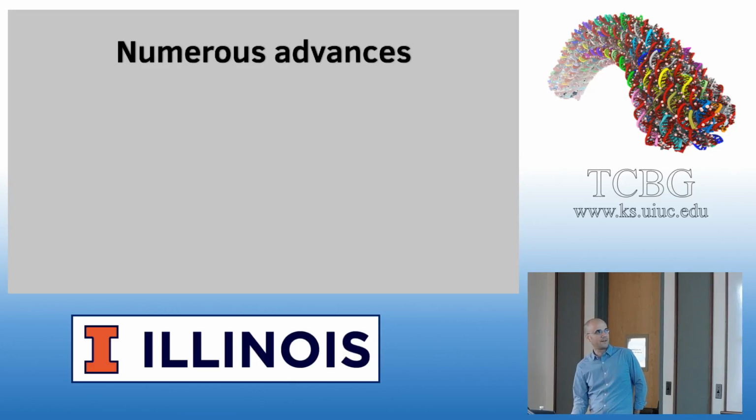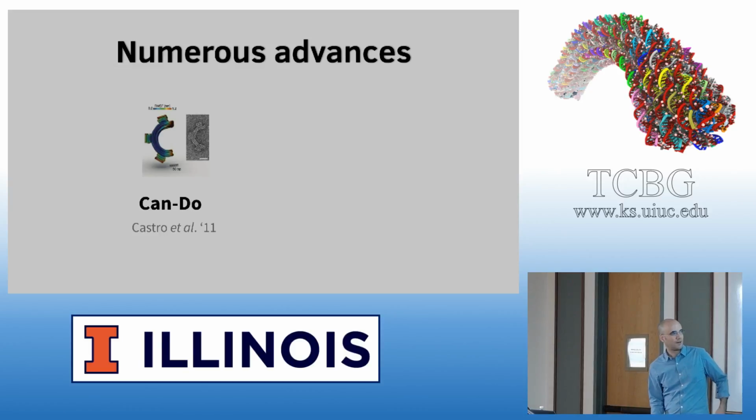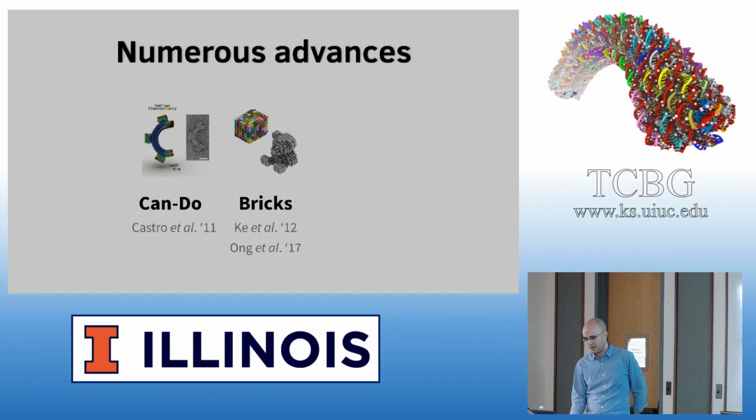There have been a lot of advances. Mark Bathe actually collaborated with Hendrik Dietz to develop the CanDo finite element structure prediction tool. That was inspiring work that came out in 2011. Peng Yin's lab at Harvard has this other kind of staple-only origami they call single-stranded tiles or DNA bricks.